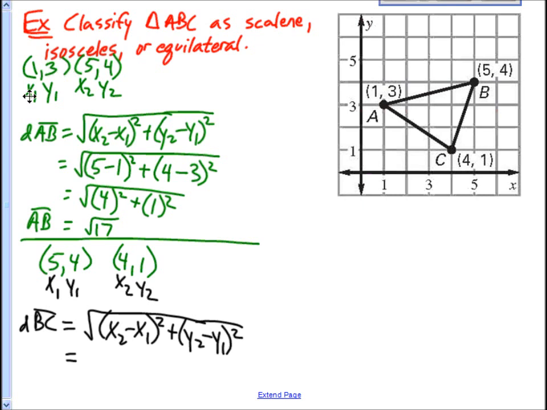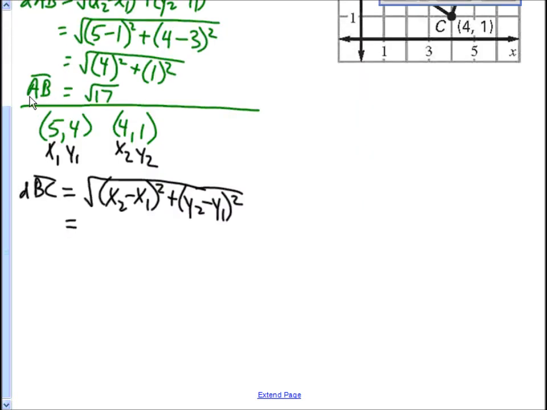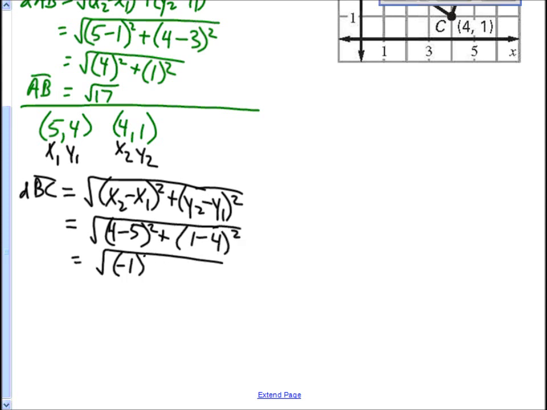And start filling in. X2 is 4 minus x1, 5. Y2 is 1 minus y1 is 4. -1 squared is 1, -3 squared is 9. Looks like this ends up being the square root of 10. So the BC length, square root of 10.